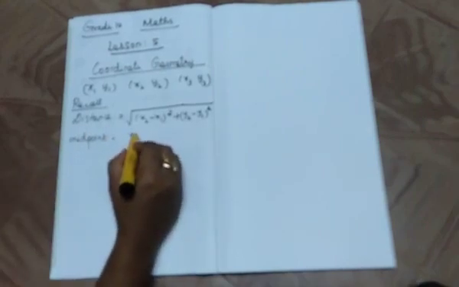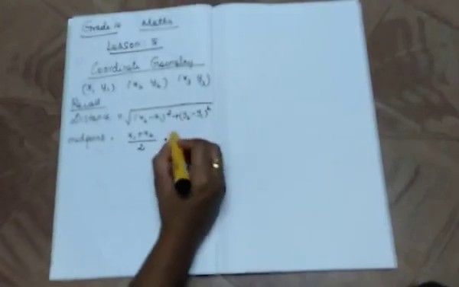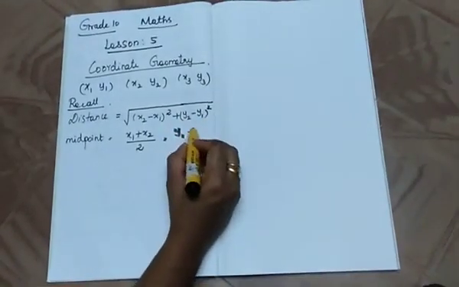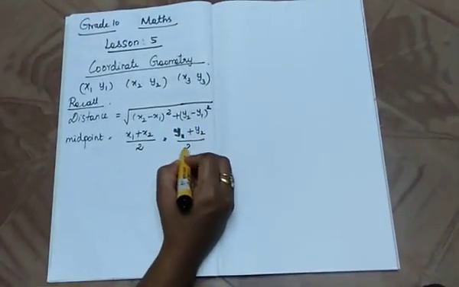Now, the same 2 points are given. How will you find the midpoint? It is (x1 plus x2) divided by 2, comma, (y1 plus y2) divided by 2.